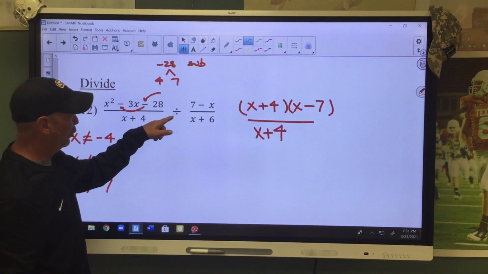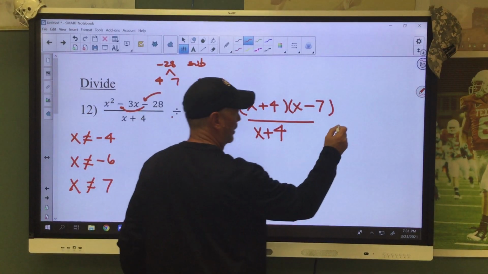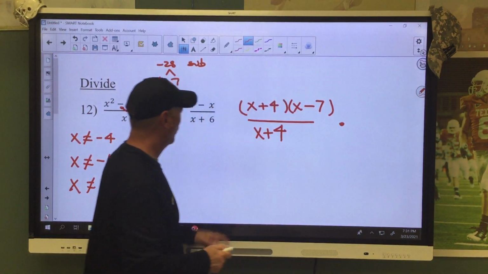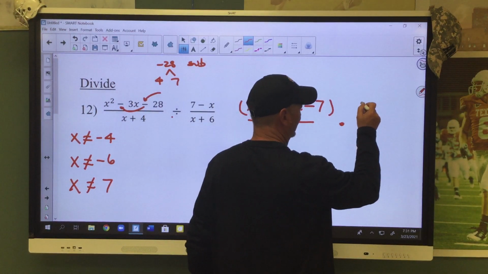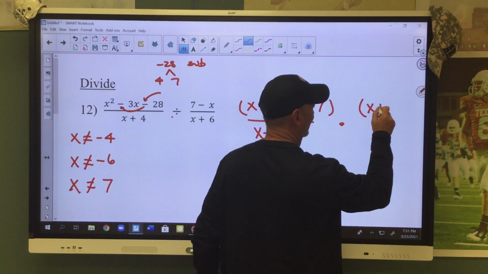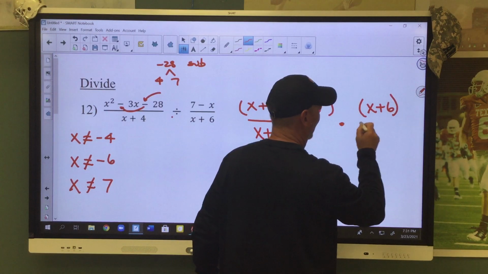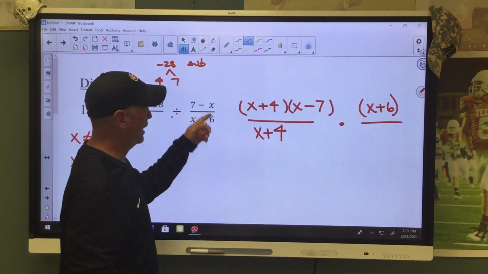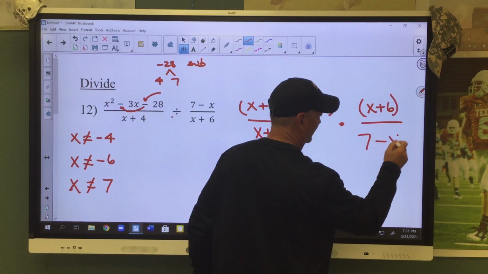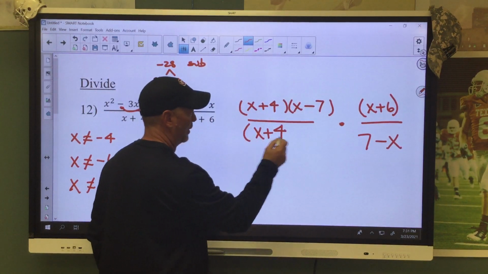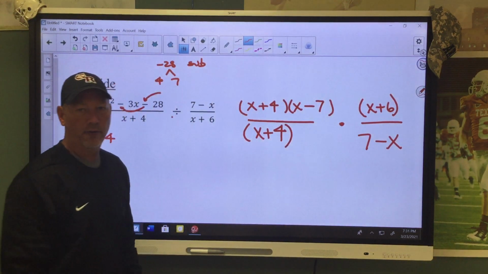We're going to change this to multiplication. We're going to flip this fraction. We're going to say x plus 6 over 7 minus x. All right, so be careful now.